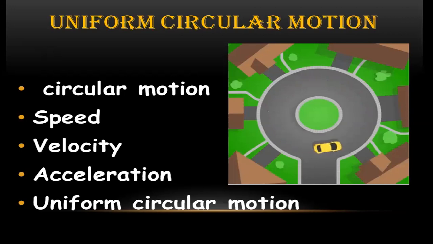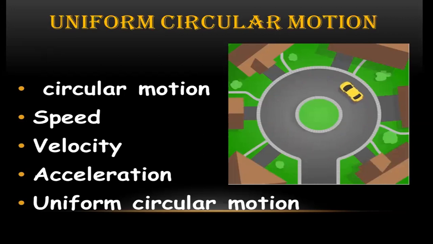The example is right in front of you. The car is taking a circular path. What is speed? The distance traveled by the particle in a particular time period. For example, the distance traveled per hour is what we call speed.